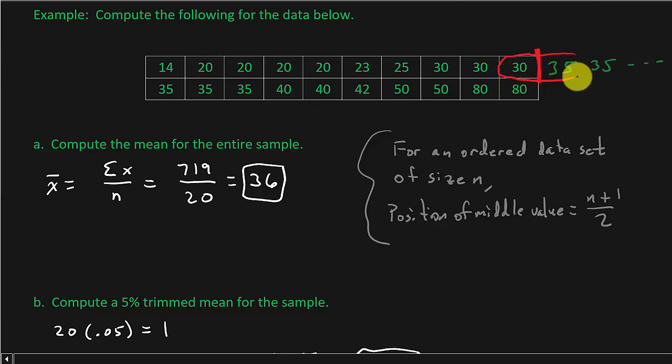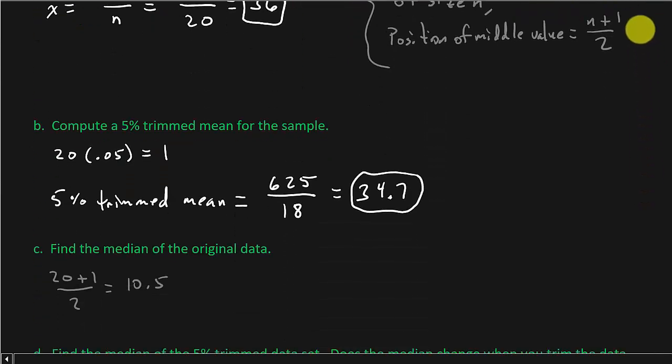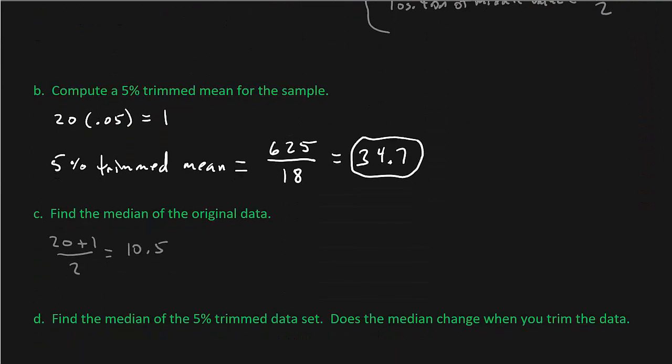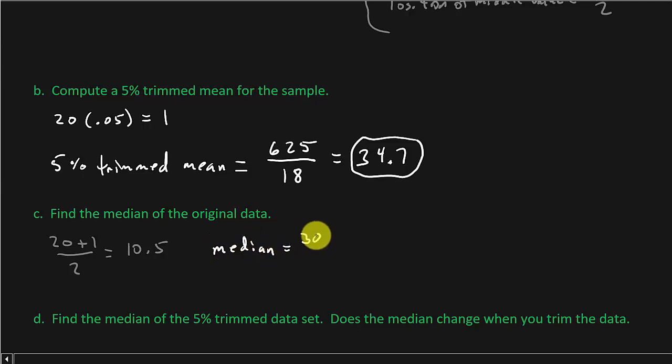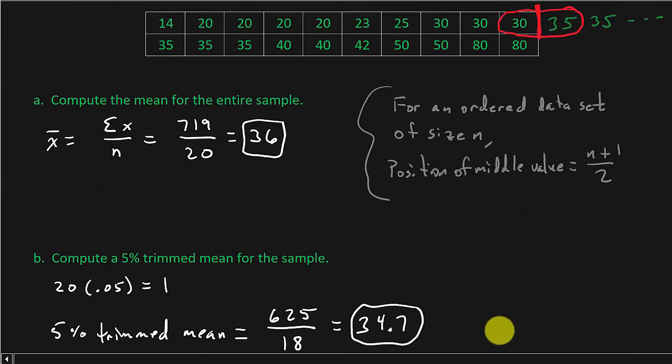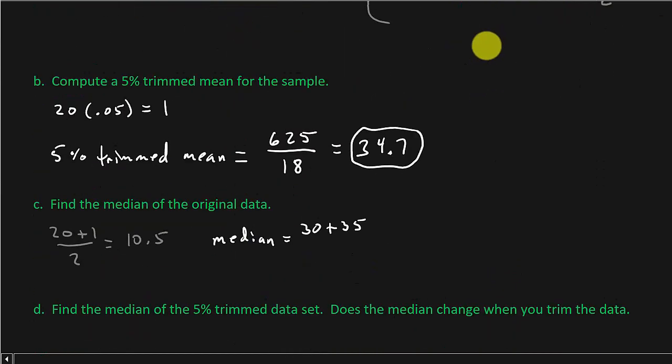So these are your middle two values. So the median is equal to 30 plus 35, adding these two together, divided by 2, and that ends up giving us 32.5.